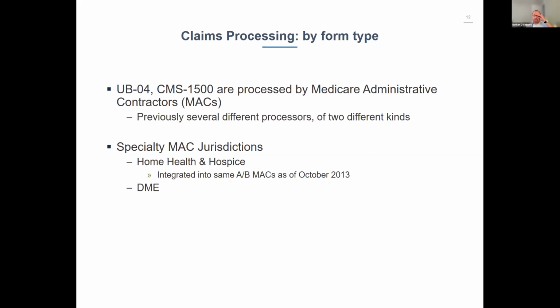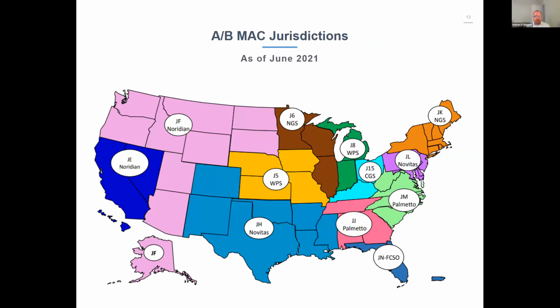We used to have home health and hospice as a specialty, but now they're integrated into the A and B MACs. And then you separately have the durable medical equipment, right? So right now, what we really have are just 2 different kinds of MAC jurisdictions primarily. And so we can show a map here. These are the AB MAC jurisdictions across the country.